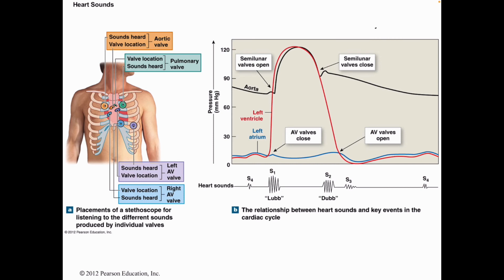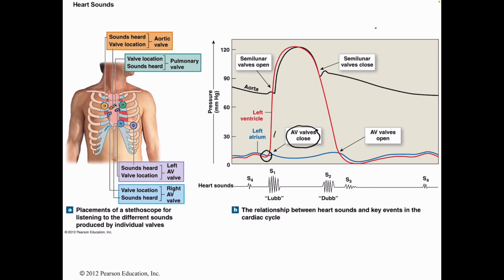As the left ventricle starts to contract, the pressure in the left ventricle then is higher than the pressure in the left atrium. Now that could force the blood back into the left atrium. So this pressure difference causes the AV valves to close, preventing the backflow of blood and making the first heart sound.